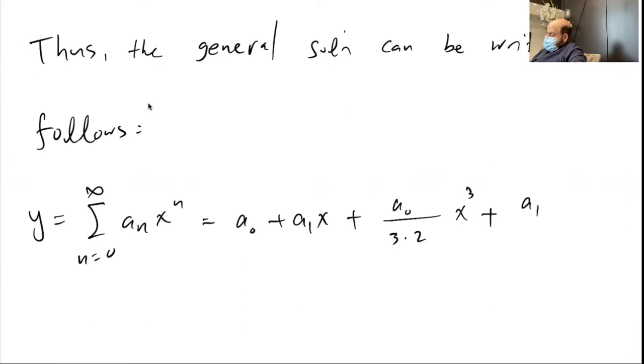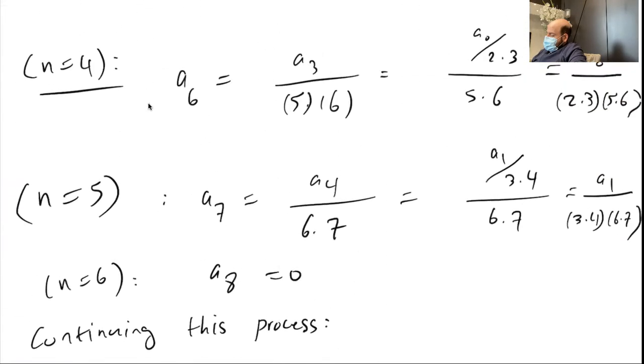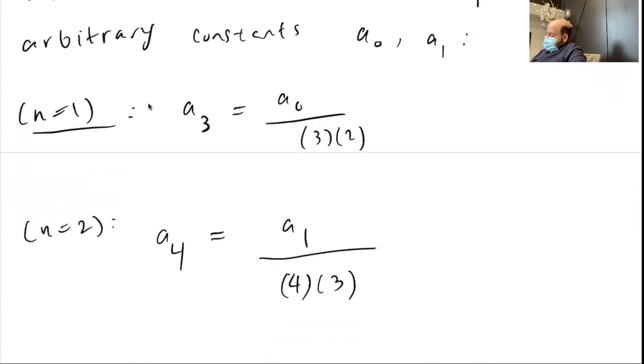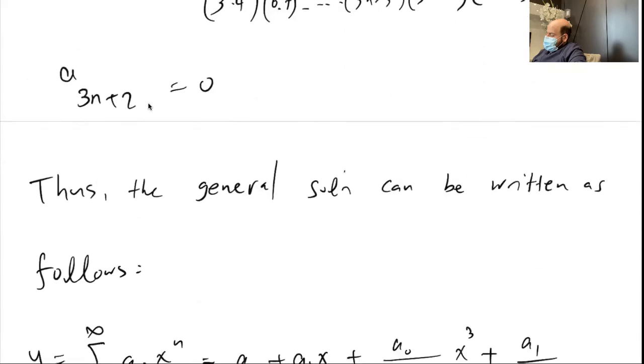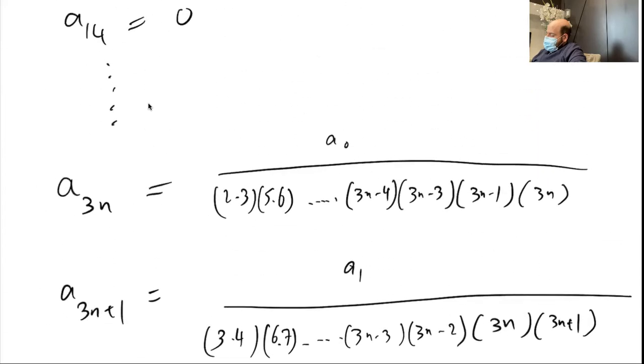And then we have A4, which is A1 over 4 times 3. So A1 over 4 times 3, x to the power 4. And then A5 is 0. Then I'll have A6.